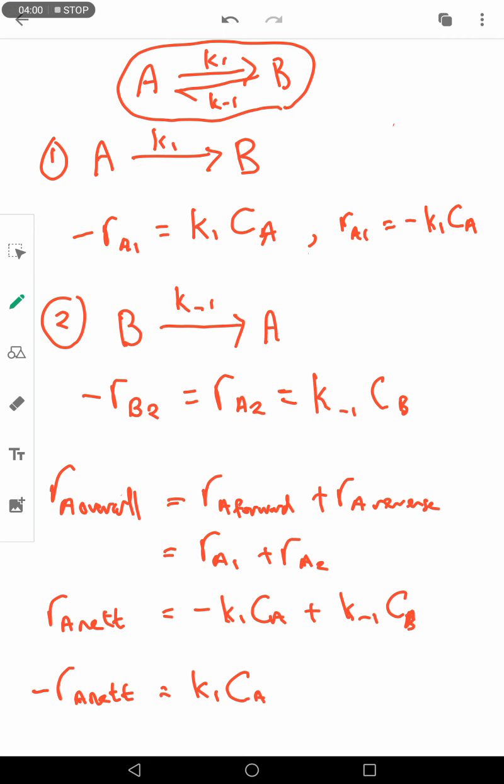So ini akan jadi positif, yang ini negatif, K underscore 1 Cb. So basically this is the overall RA net ataupun RA overall untuk reversible A kepada B.